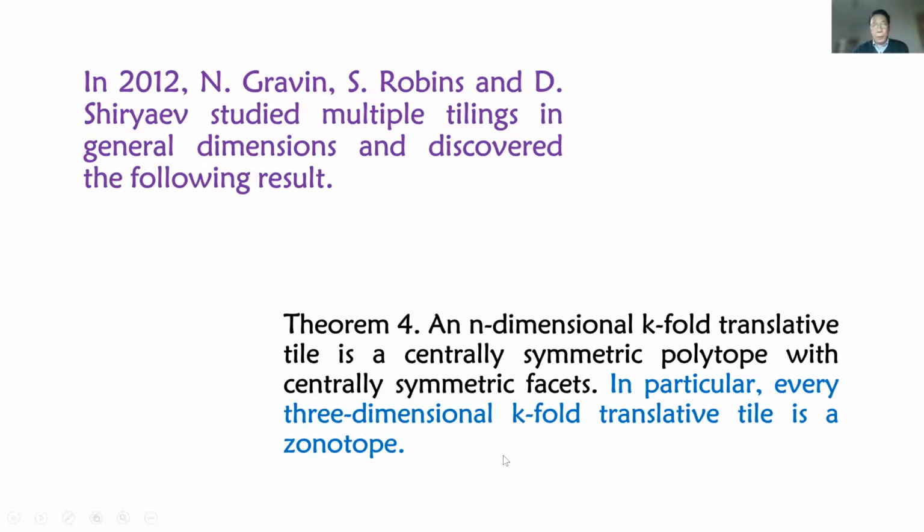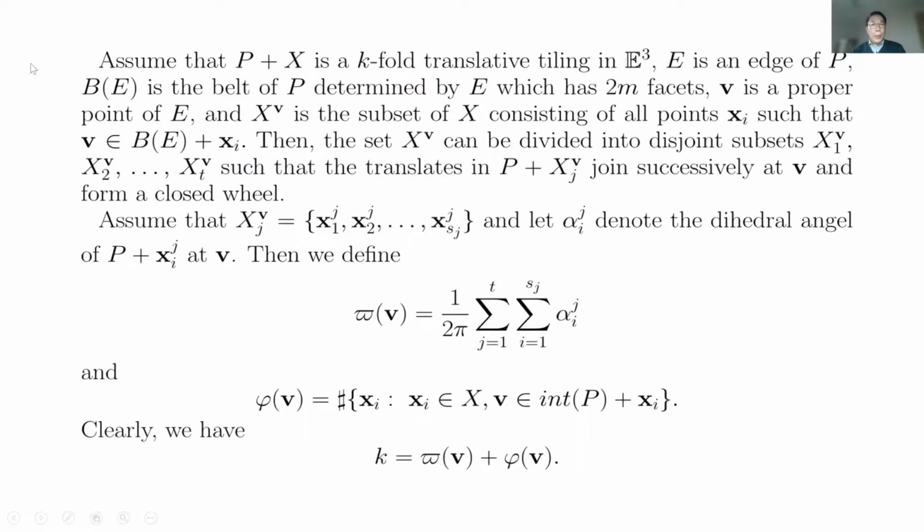There are counterexamples. So assume that P plus X is a k-fold translative tiling in 3 dimensions. From now on, we only deal with the 3-dimensional case, okay? I just wanted to show a little bit of the idea. And assume that E is an edge of the P. B E is the belt of the polytope determined by this edge, which has 2 times m facets.